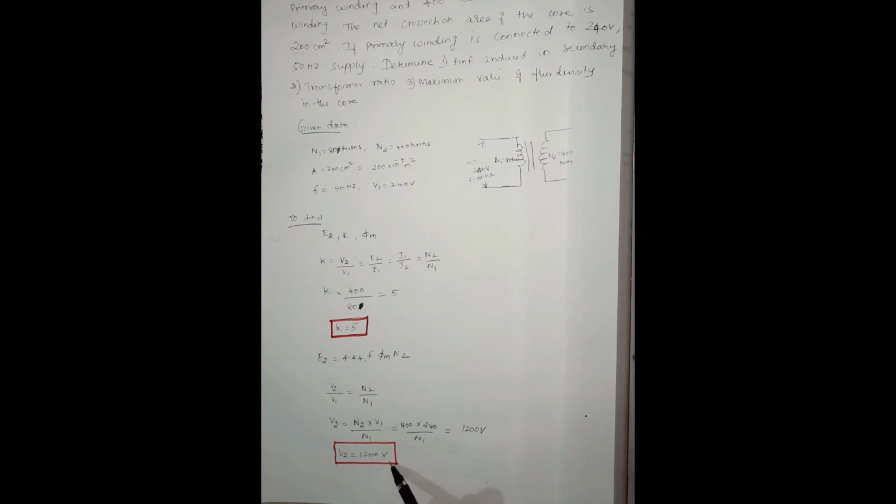If it is a step up transformer, K will be greater than 1. That you should keep in mind. Whereas in case of step down, K will be less than 1. You can check it by using that formula.